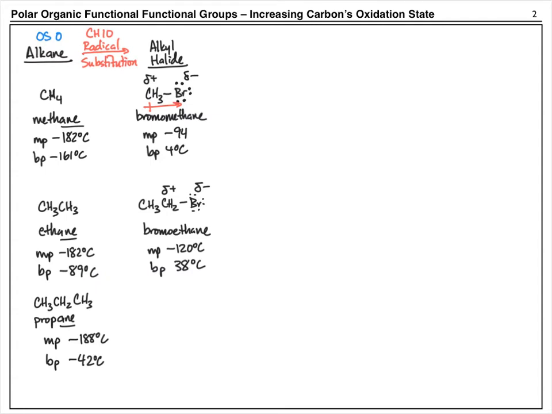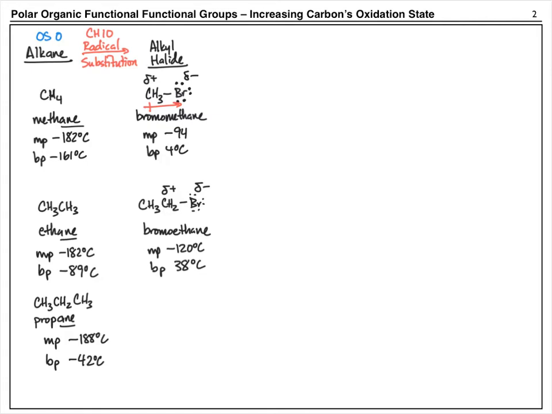So let's now consider propane. There are 2 things we need to consider. When we're moving to propane, this molecule, we have 2 types of carbon now. So what I'm going to do in this space here is show you, if we substitute a hydrogen from this carbon, what those physical properties are, and if we substitute a hydrogen from that carbon, what those physical properties are.